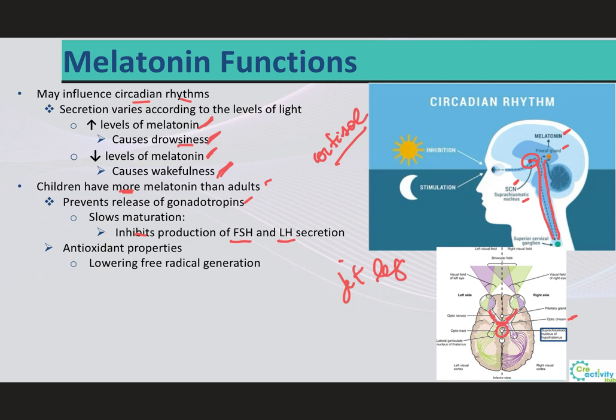Finally, there's a new line of research that shows that melatonin might have an antioxidant property by increasing the efficiency of mitochondrial oxidative phosphorylation and reducing electron leakage and thereby lowering the free radical generation. Now, free radicals are compounds that can cause harm if their levels become too high in your body.